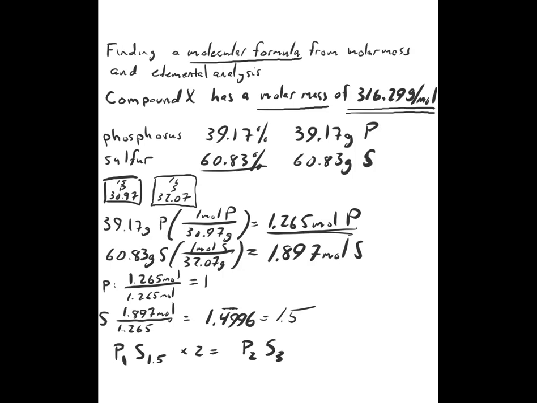And so you have P2S3. And that is your empirical formula. That's what you're looking for if you were just doing the empirical formula. In fact, this particular problem is exactly like the empirical formula, except we have one more step.